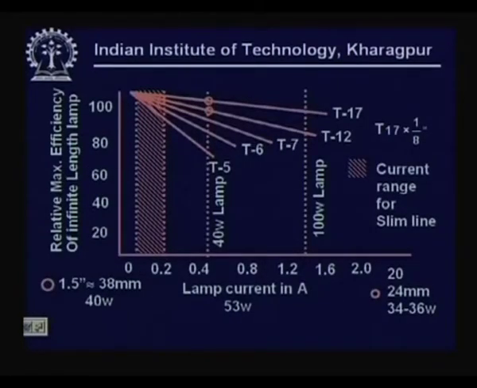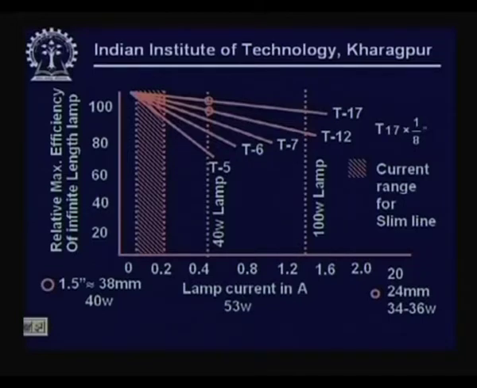Let us look at the relative efficiencies of the lamps for varying diameters with respect to their lamp current. And what do we find? We have here lamps marked from T5 to T17. There are two particular lines marked, which are 40 watt and 100 watt vertical lines.